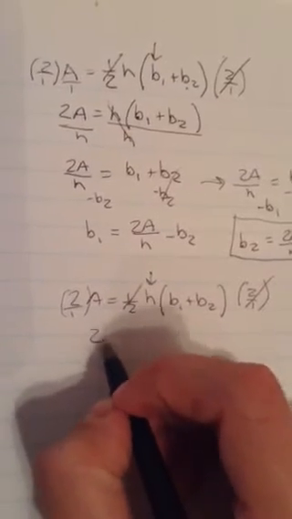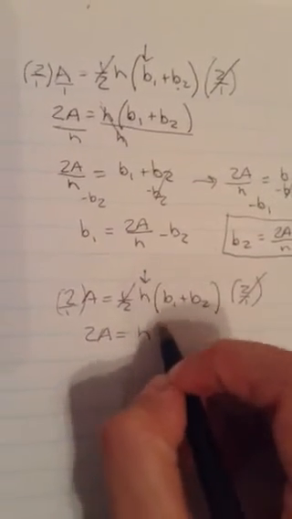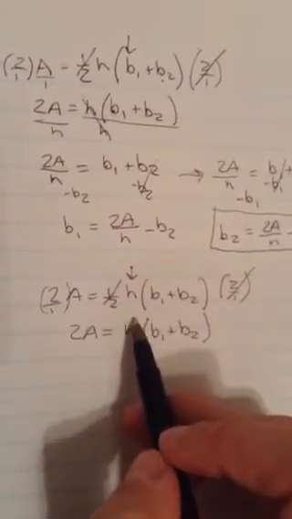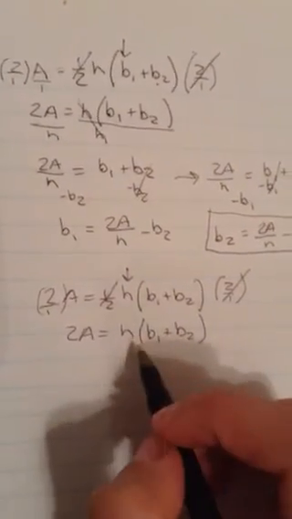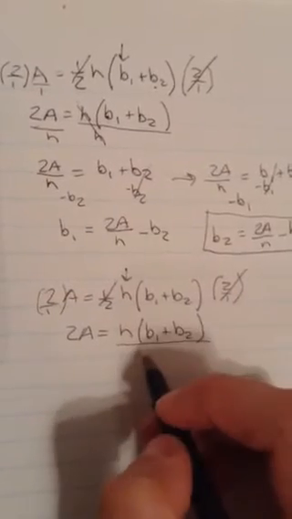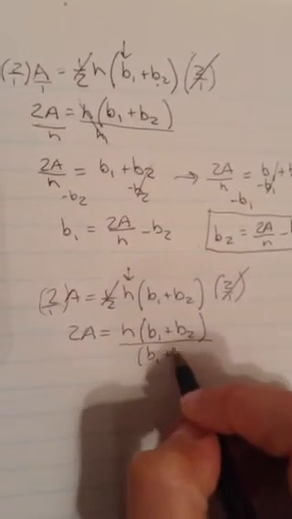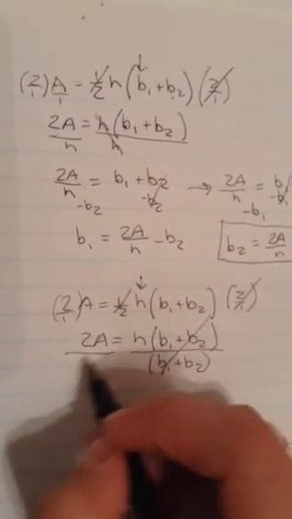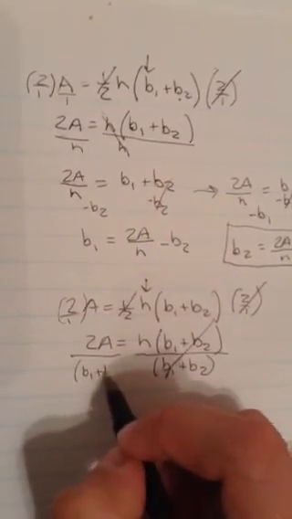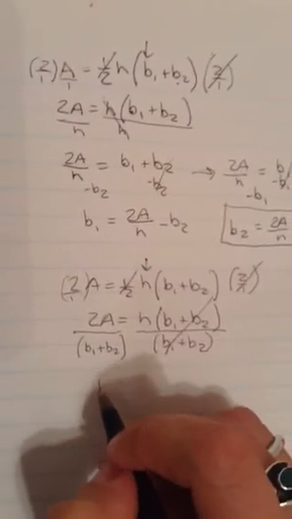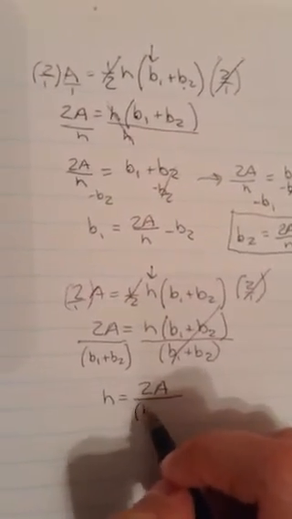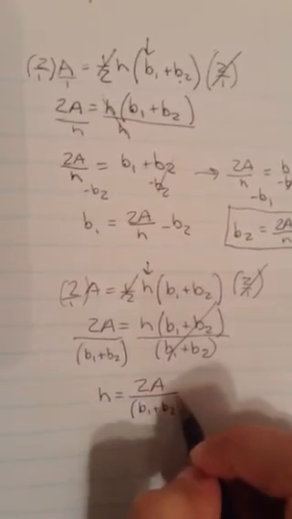So then I get 2A is equal to H times B1 plus B2. Because H is being multiplied by everything, but I want the H alone, I'm going to divide by B1 plus B2. That crosses out this whole thing. So then I get H is equal to 2A over B1 plus B2.